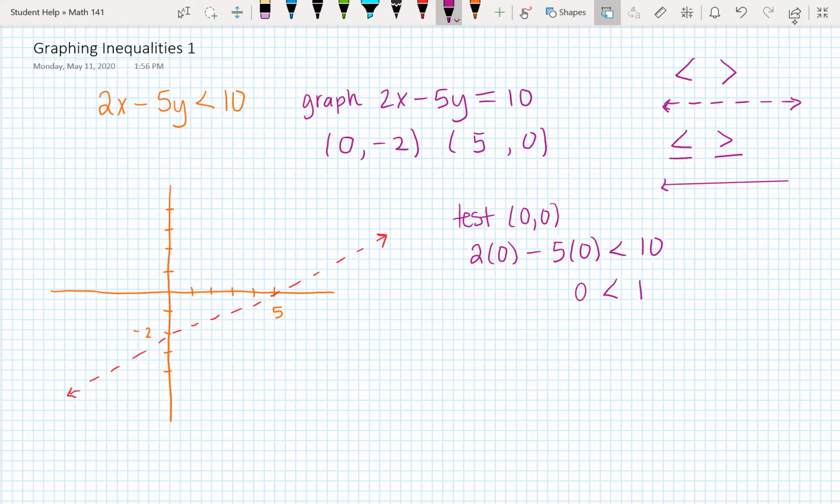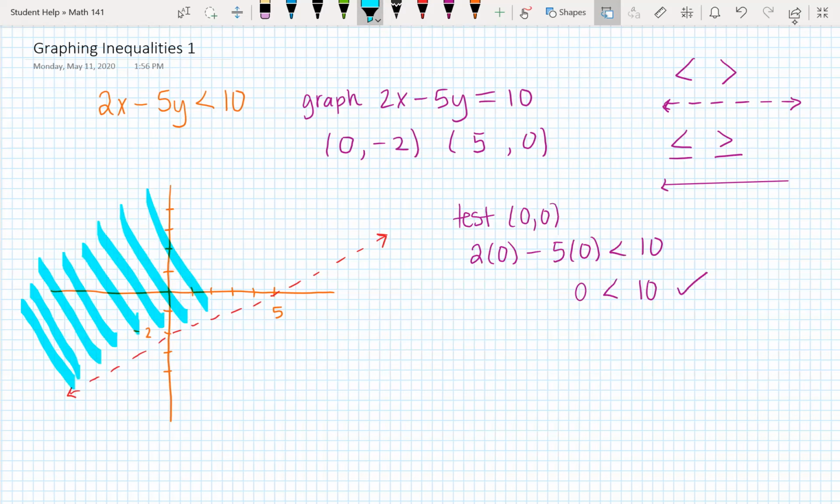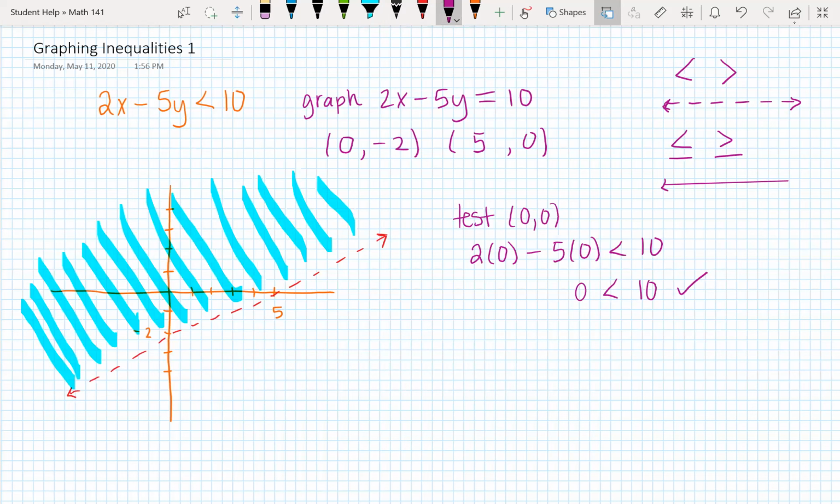Yeah, 0 is less than 10. That's true. So because that point made this inequality true, that means that the origin is included in the solution set. So I'm going to be shading everything above the line that's including the origin. This means that any point that I choose in this particular area should make the inequality true.